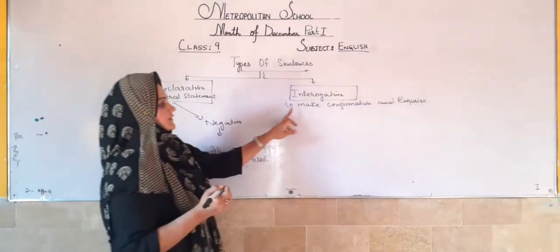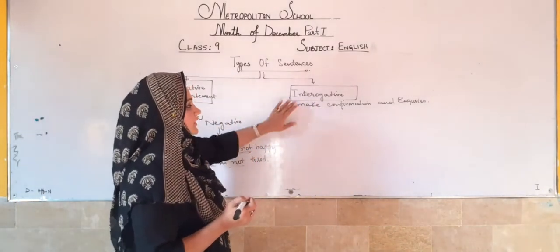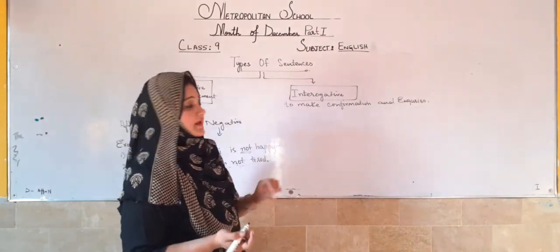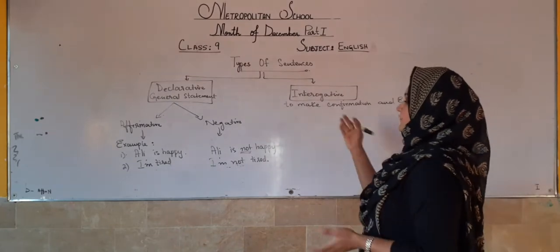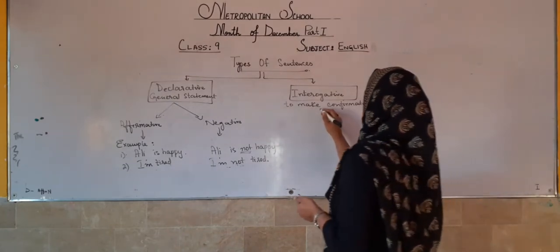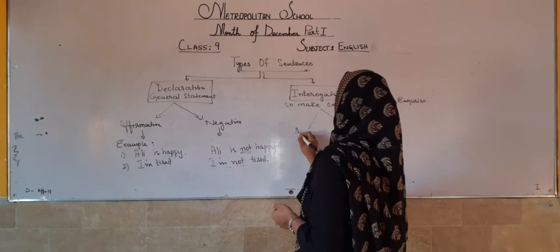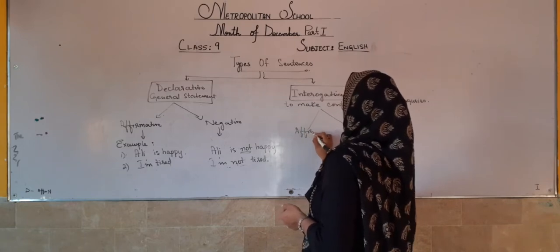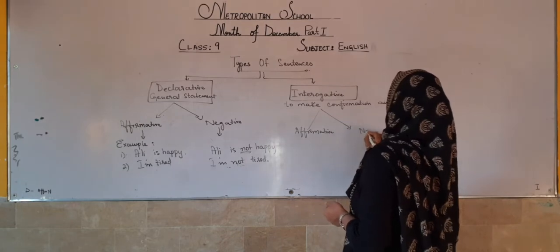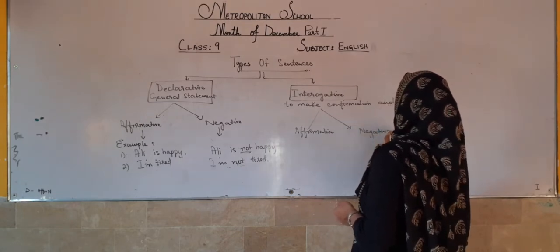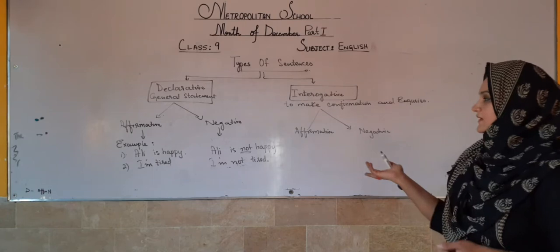Now let's discuss interrogative. Interrogative sentences are used to make confirmations and inquiries. They can be affirmative and negative as well. What are the examples of interrogative sentences?